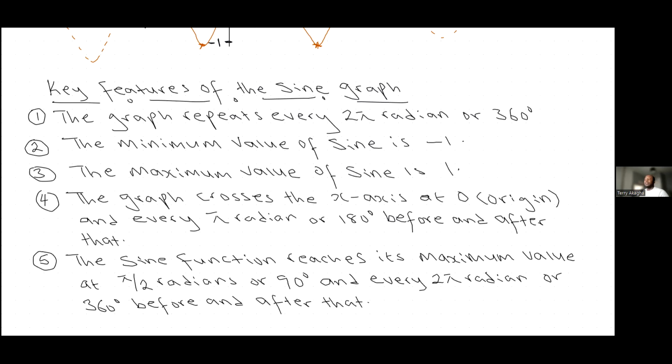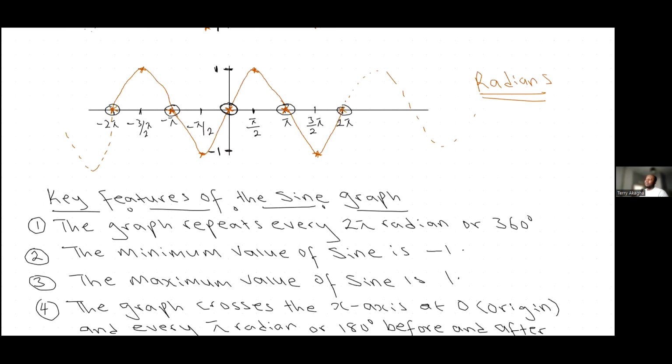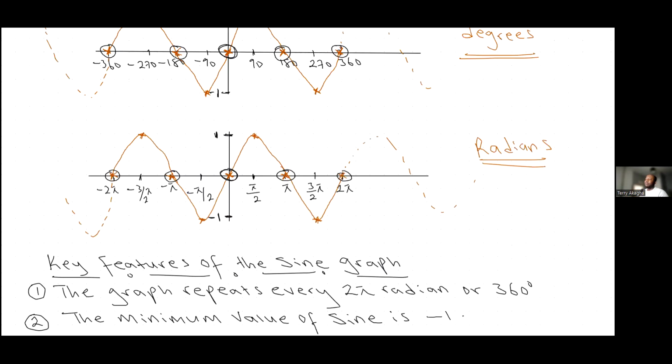Then the final thing is that you will also notice that the sine function similarly reaches its minimum value at 3 over 2 pi radian or 270 degrees, and every 2 pi radian or 360 degrees after that. So the minimum value is always at 3 over 2 pi, or 270 degrees. If you have it in degrees, you'll see it as 270.